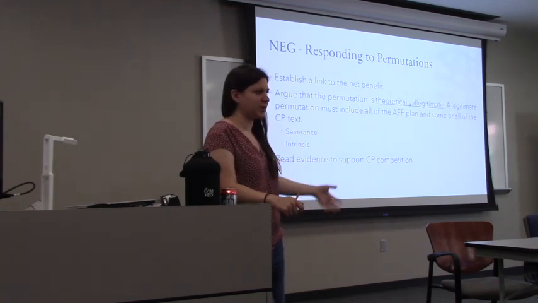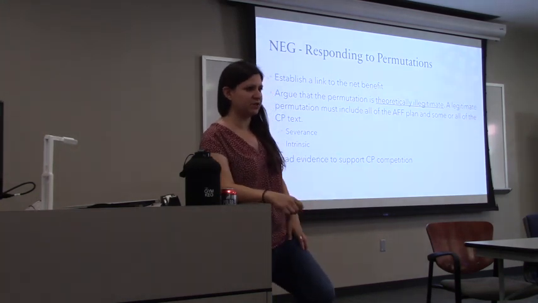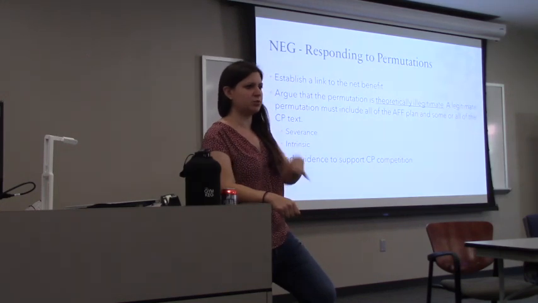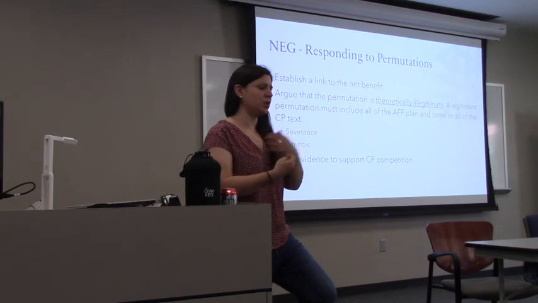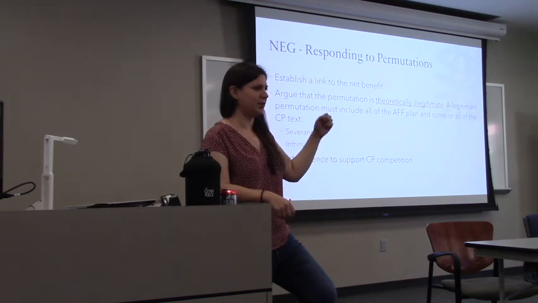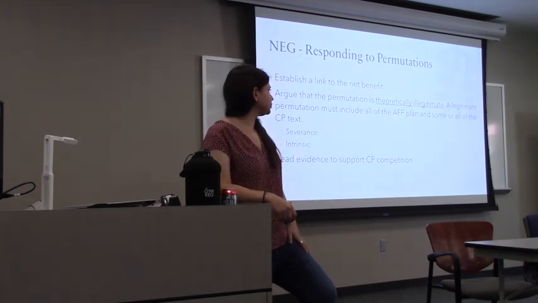That is intrinsic because it adds a totally unrelated thing. That similarly makes it very difficult to be negative because the AFF could add or append anything it wants to the permutation to get out of negative offense. A better example maybe would be perm, do the plan and the counterplan, and don't spend political capital. You read a politics essay about political capital, and the permutation adds a plank that gets out of that link. So that is intrinsic.